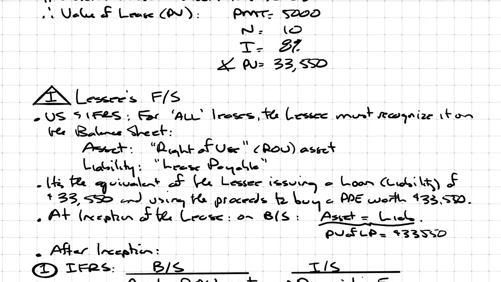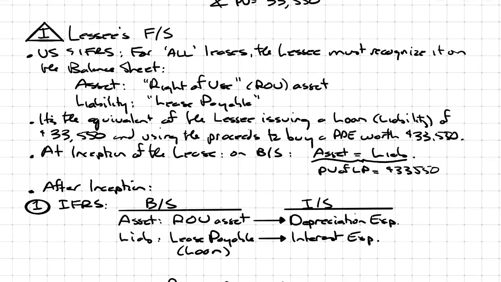Let's first start off with the lessee's financial statements. And for both US and IFRS, here's the rule. For all leases, the lessee, once again, the party that's using the asset, must recognize it on the balance sheet. So in the asset section, the lessee would have a line item called right of use asset.